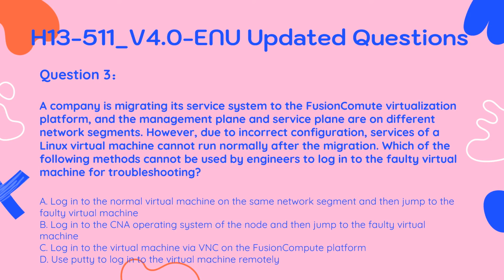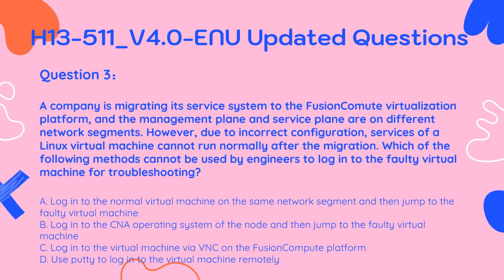Question 3. A company is migrating its service system to the FusionCompute virtualization platform, and the management plane and service plane are on different network segments. However, due to incorrect configuration, services of a Linux virtual machine cannot run normally after the migration. Which of the following methods cannot be used by engineers to log in to the faulty virtual machine for troubleshooting?